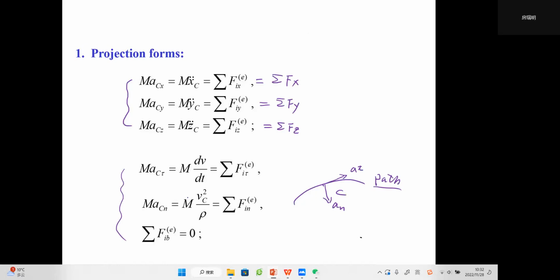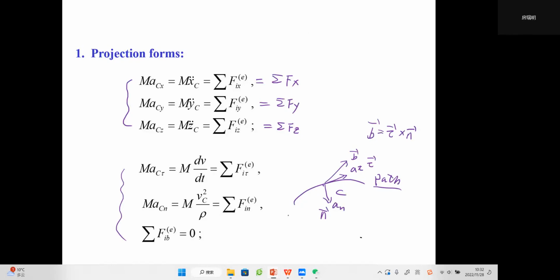Actually, we also have b, right? This is the tau direction, and this is the n direction. And b equals tau cross product n.